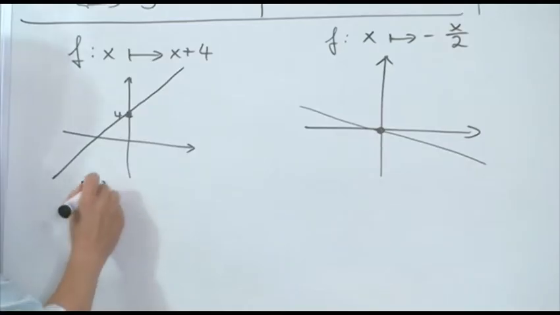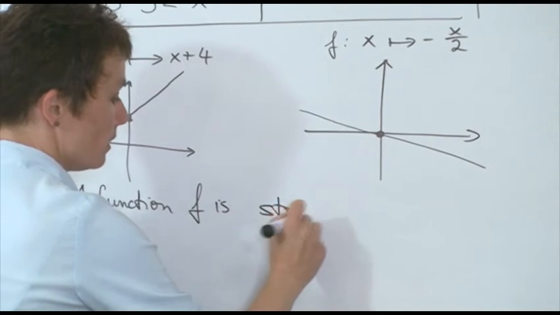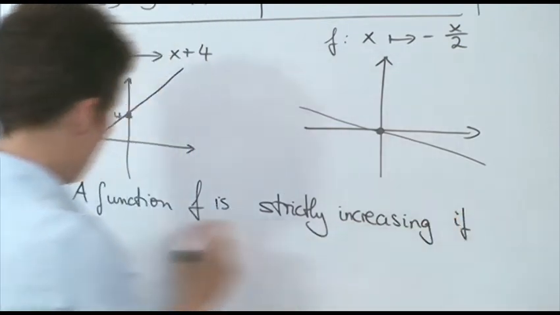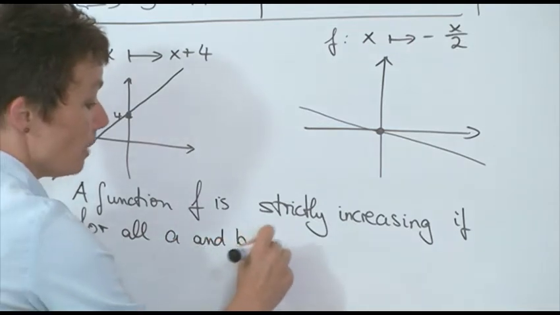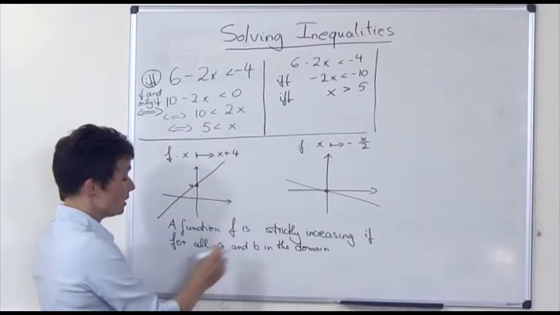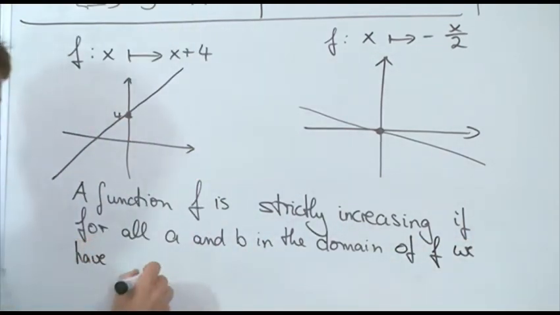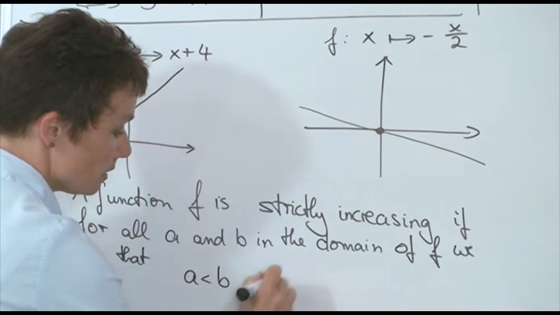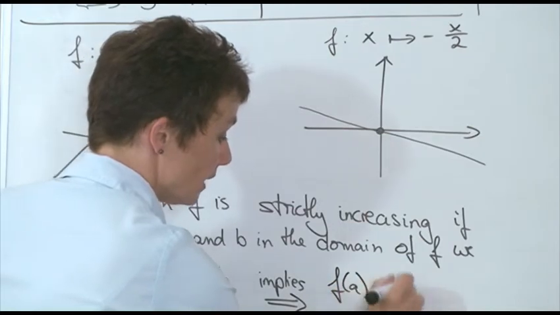So a function f is strictly increasing if for all little a's and b's in the domain of f, it means we need to make sure that f is defined for both of these values, we have that a less than b implies, in other words, we have this implication symbol, that f of a is less than f of b.